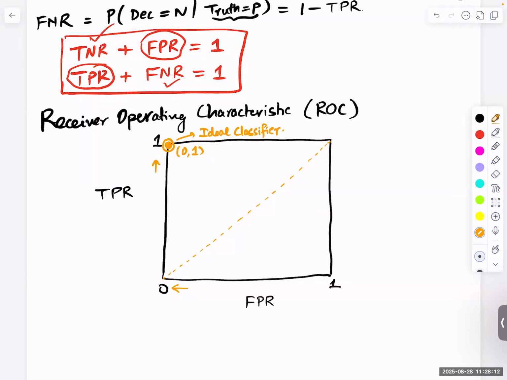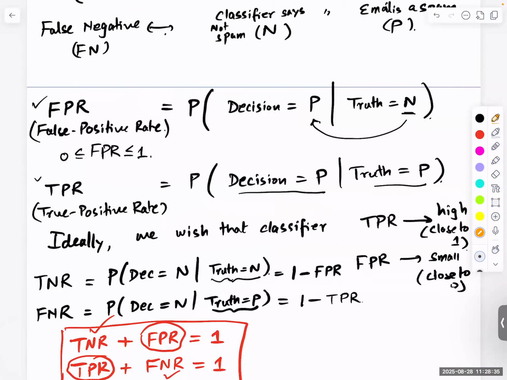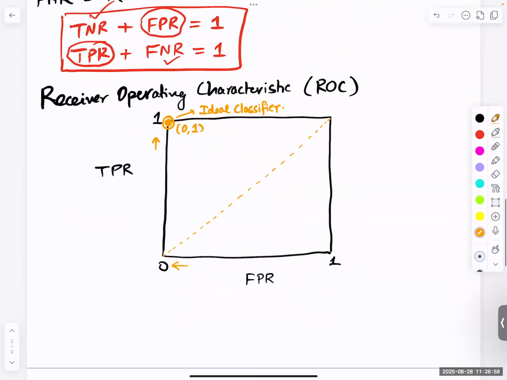Imagine a classifier which doesn't even look at the data that you observe, but always gives a decision of P. Then the true positive rate will be 1, because whenever the ground truth is P, the decision is always P. However, when the truth is N, it will never make a decision of N, so the false positive rate will also be 1. These endpoints correspond to pathological classifiers, which always give a decision of P or always N. The line in between can be obtained by randomizing your decision.